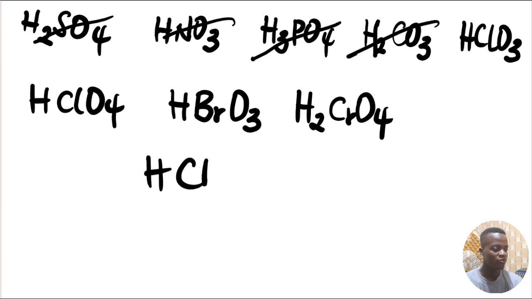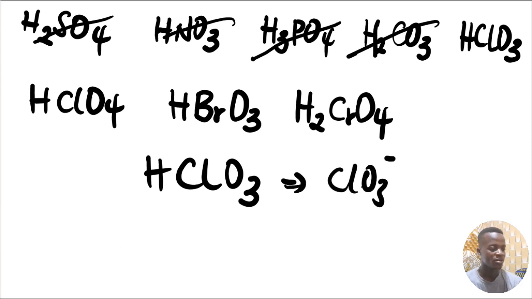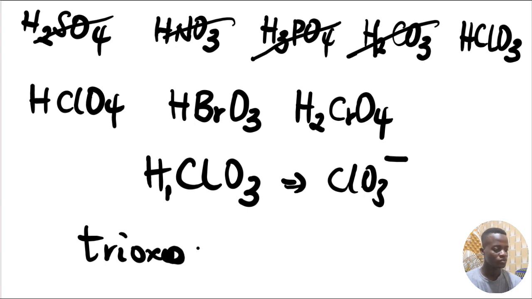This is the last one I'm doing for you. The remaining 3 are for you to try, to solidify your own understanding of the concept. So this one, the anion part will be ClO3 minus. Why minus? Because the hydrogen here is 1, so ClO3 minus. Now let's name it. It's going to be trioxochlorate.